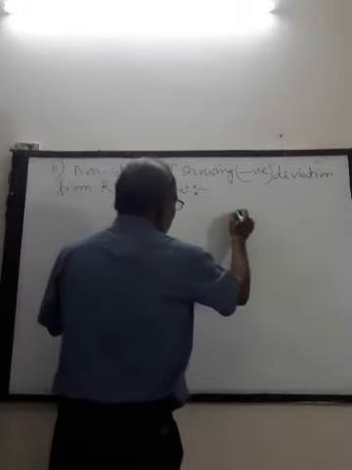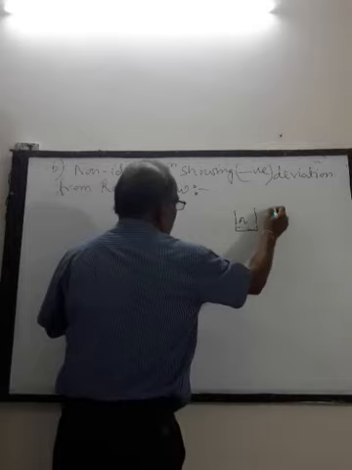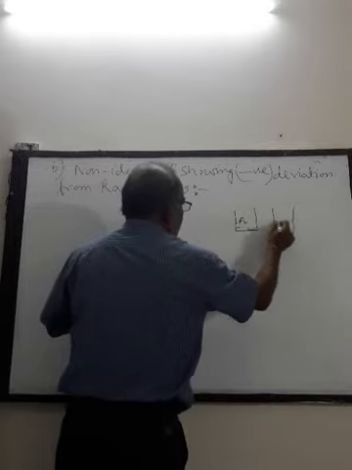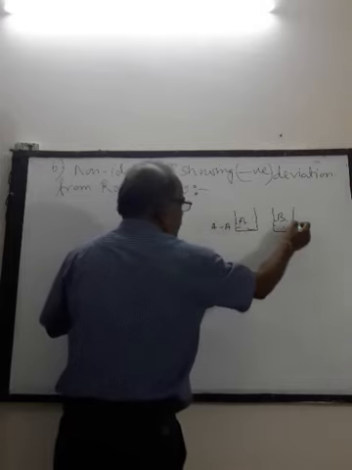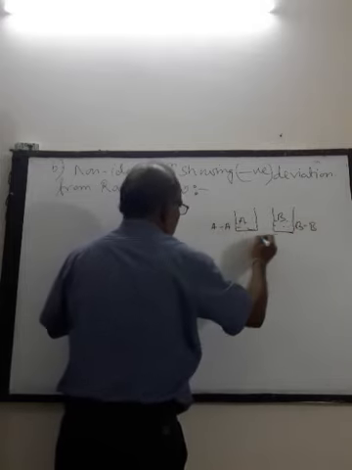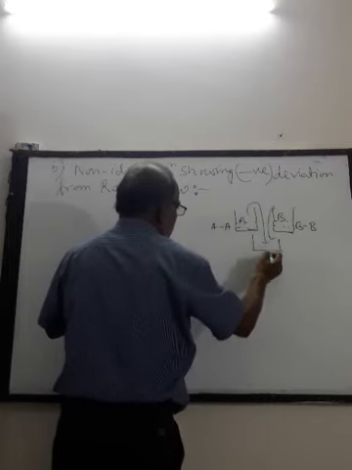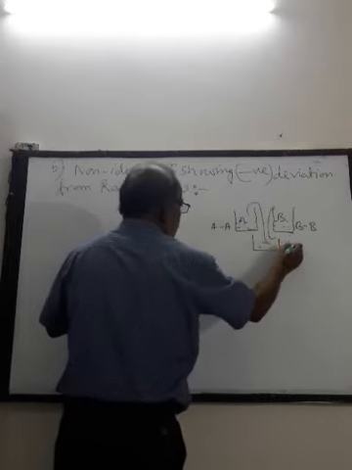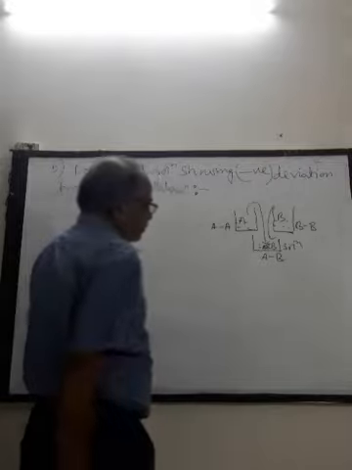So again we consider two liquids, A and B. Here is the AA interaction and here the BB interaction. Now A and B are mixed together, so we get a solution where both A and B are present. Here is the AB interaction.